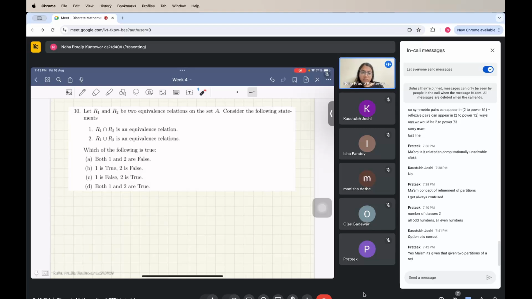Just to be clear, what we mean by intersection and union is, notice that R1 is simply a set of elements and R2 is also a set of elements. So by intersection we just mean the set intersection, and by union we again mean the set operation of union. So maybe try this out, take a couple of minutes, and then we can discuss this.